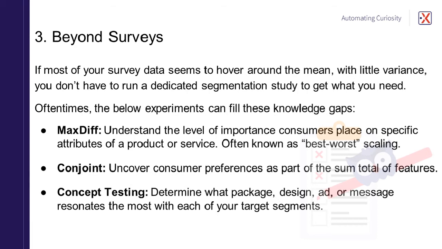And in those types of experiments, when you go to the output, you will have very clear winners and losers in terms of attributes. It is very difficult to mess up max-diff designs and not know which attributes are actually most important for your business. Same thing applies for conjoint.